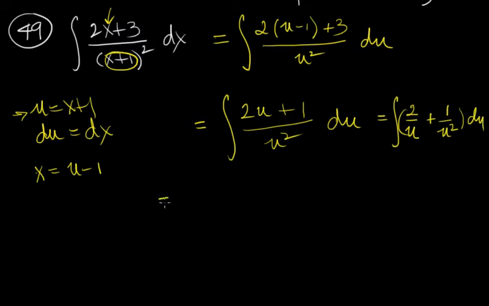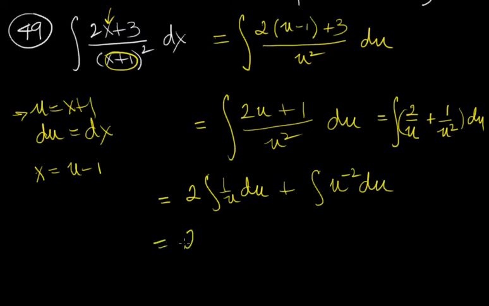And so I would write that, let's write it one other way. It's 2 times the integral of 1 over u du plus the integral of u to the minus 2 du.